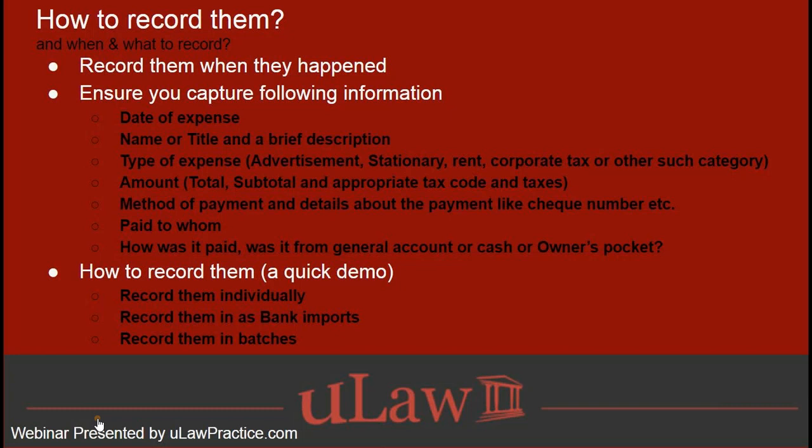Now the data elements, we spoke about data elements for disbursements, which included the date, the specific client and the matter, etc., right? So there are data elements, of course, for the office expenses that you need to capture. Just imagine having a receipt of a Starbucks or a Tim Hortons or any expense that you have incurred, or a phone bill, right? There's, of course, the date of that expense when you paid for it, the name or title or a little description, if you will, of what that expense was for.